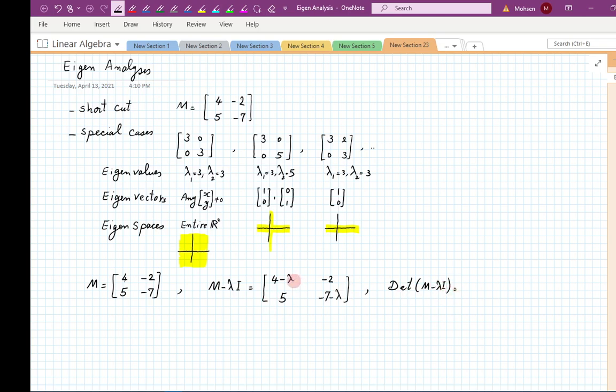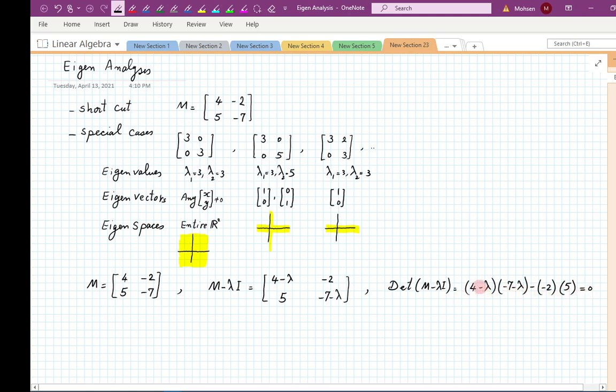The determinant for 2 by 2 is easy, product of this diagonal minus the other one. So I write (4 minus lambda) times (minus 7 minus lambda), and it's a good idea to put everything in parentheses to avoid making a mistake with this minus here. Then we expand this. We want to solve the equation: this determinant equal to 0.